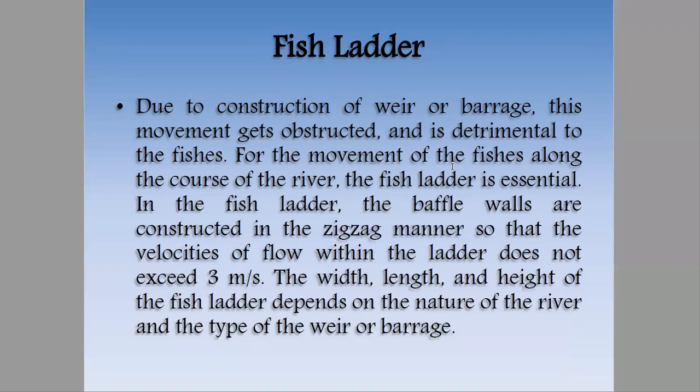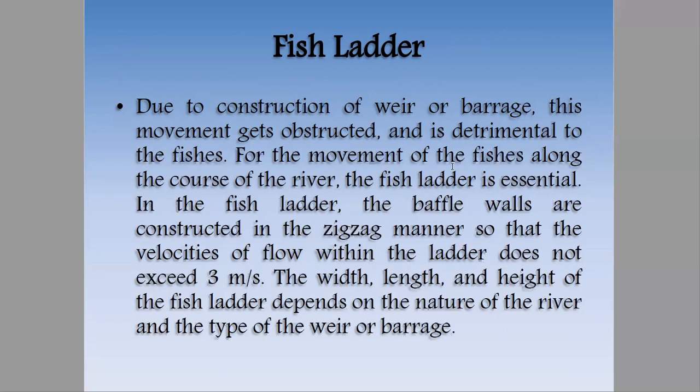The baffle walls are constructed in a zigzag manner so that the velocity of flow within the ladder does not exceed 3 meters per second, and the width, length and height of this ladder depend upon the nature of the river and the type of weir or barrage. Now we restrict the flow velocity up to 3 meters per second.